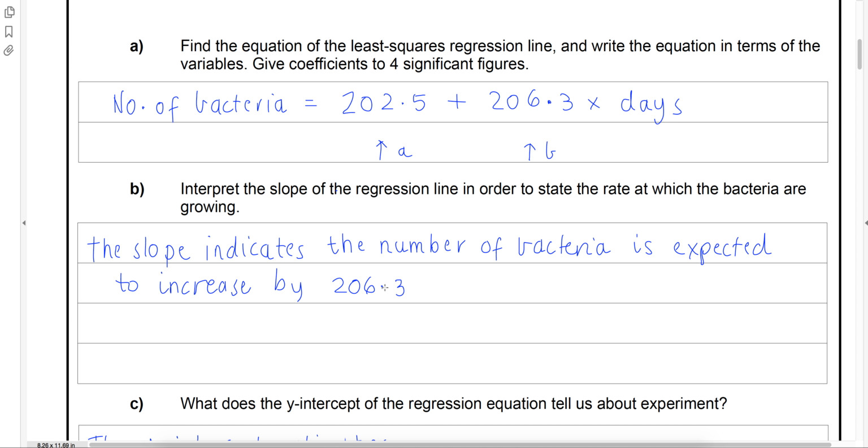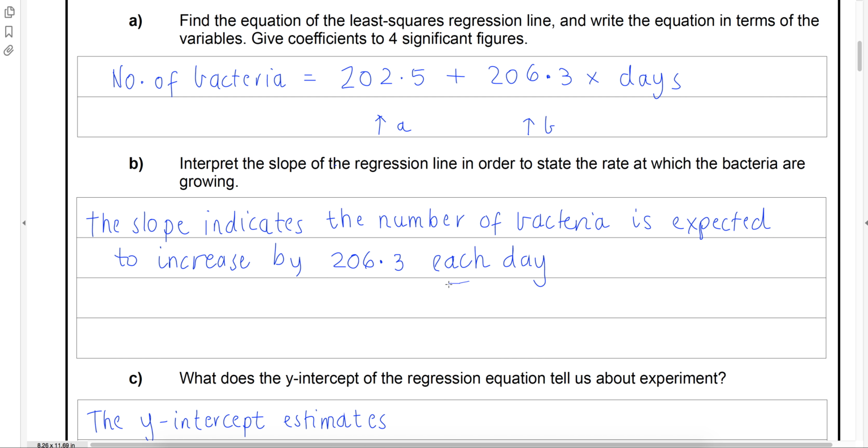You want to say, well, what's happening? It's each increase of 1 on the EV, so it's each day in this case. If, say, that was age and it was in years, you'd say for each year. If it was in seconds, you'd say each second, or for 1 second increase. Something along those lines. But you do need to specify that it is for each one, or for 1 unit.